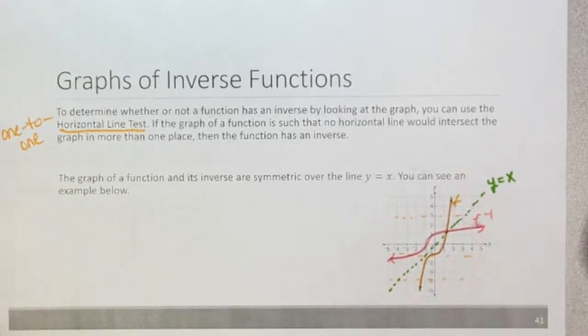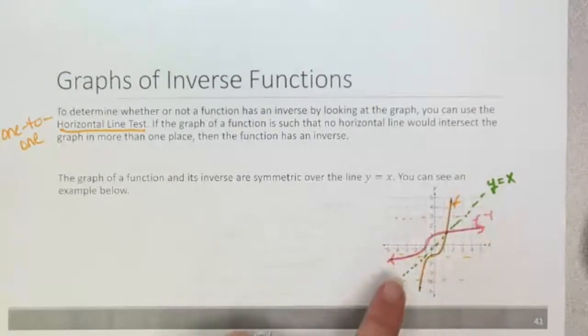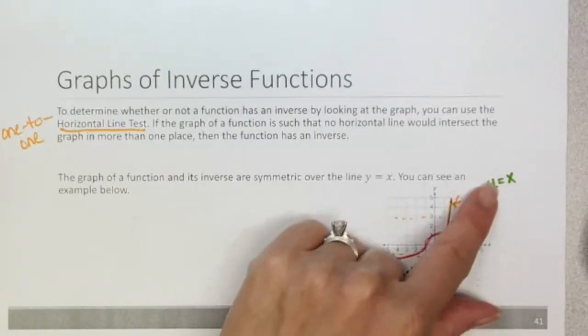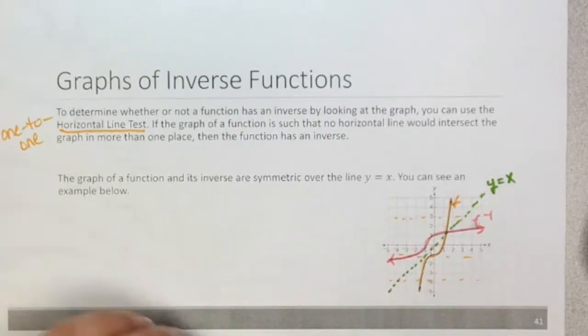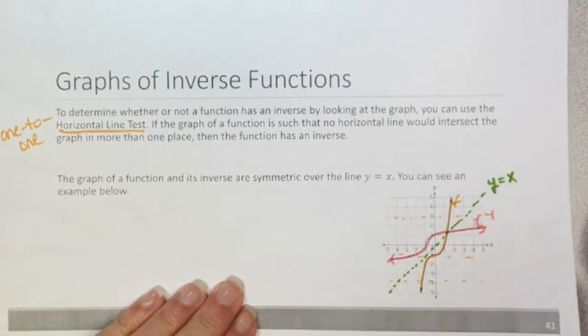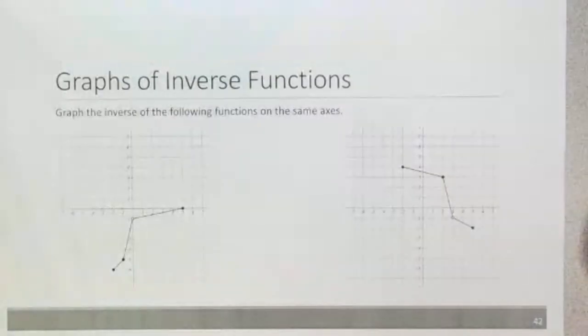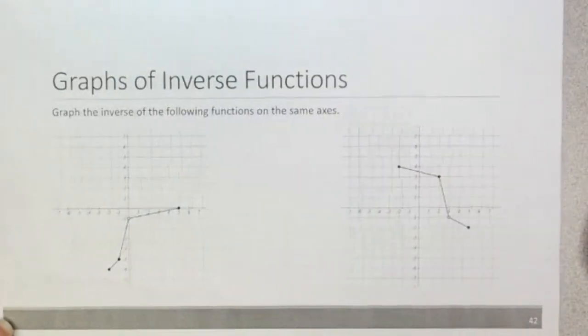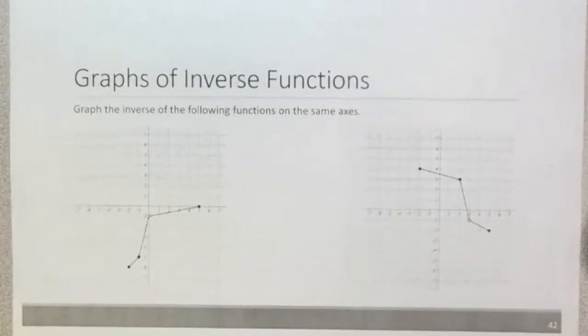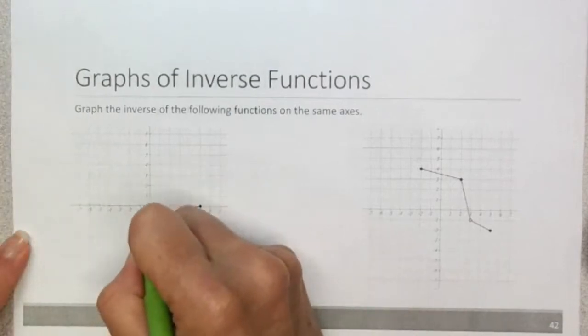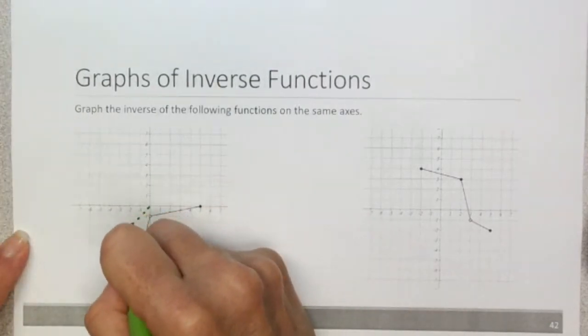The yellow one is f. We can see that they are reflections about the line y equals x, or that they're symmetric to that line y equals x. Okay? So if we wanted to sketch the graph of an inverse function, all we would need to do is sketch the line y equals x and then reflect it, right?